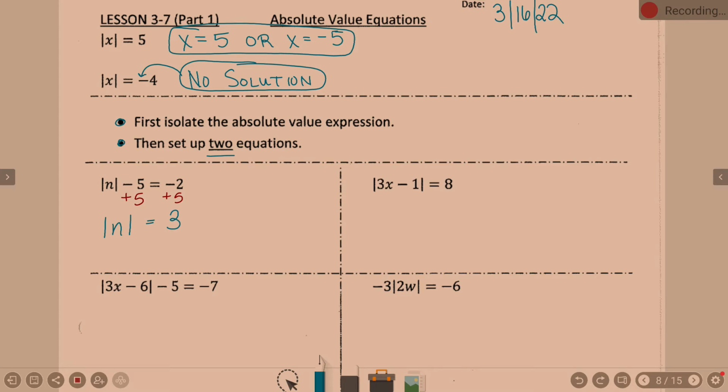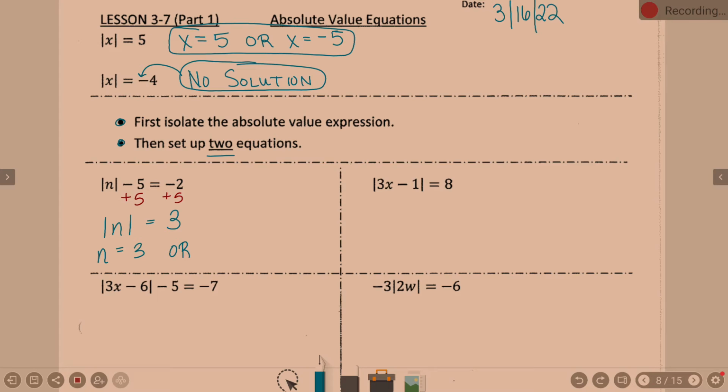Okay? Now are my absolute value bars and what's inside it, are they by themselves? Yes, because I just have absolute value equals the rest. So now we're going to set up two equations. One is the given equation, just drop off your bars. So n equals 3.